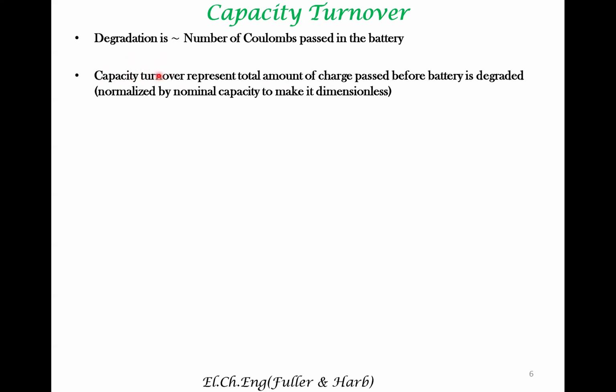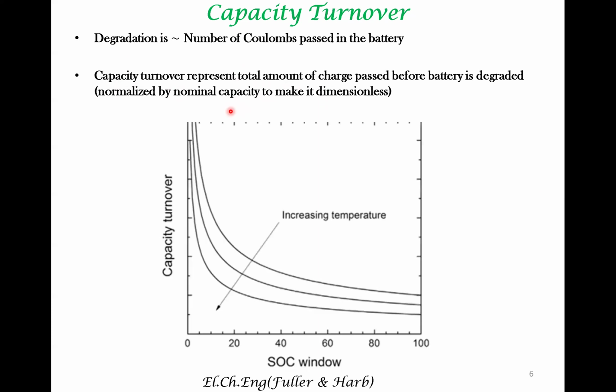This is a dimensionless quantity. Okay, so this is the total amount of charge that's passed divided by the nominal capacity. So there are intuitive ways of thinking about the capacity turnover number. So let's first look at the capacity turnover at a particular temperature as a function of SOC window.